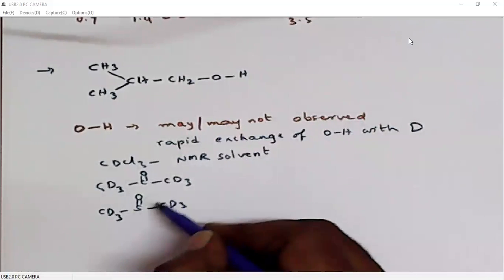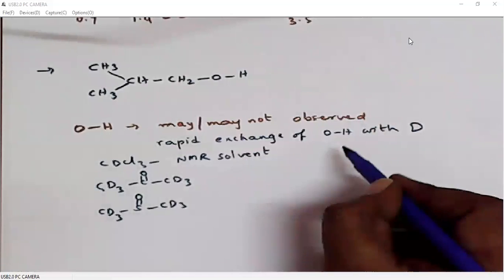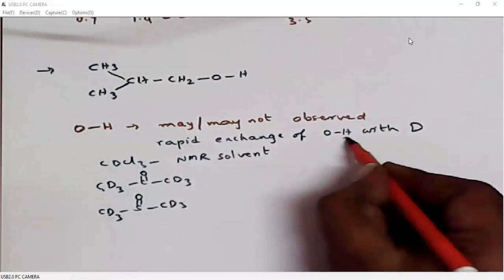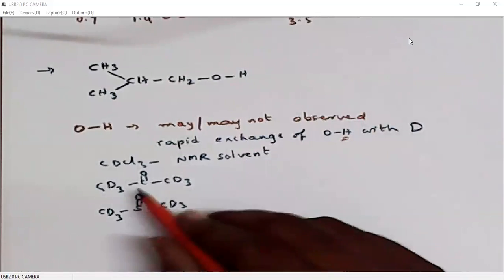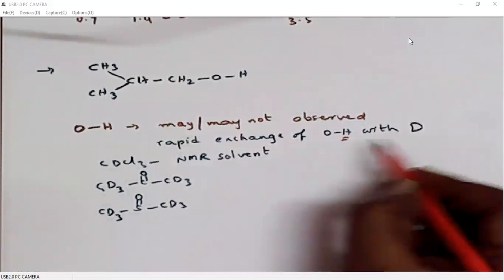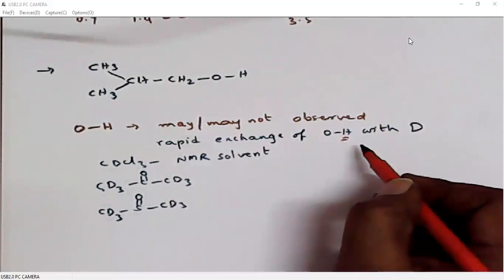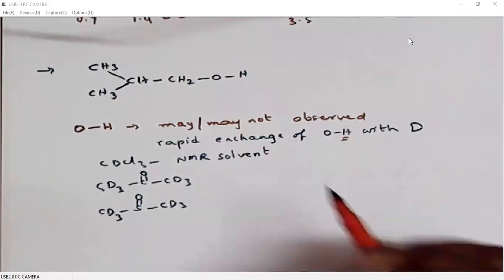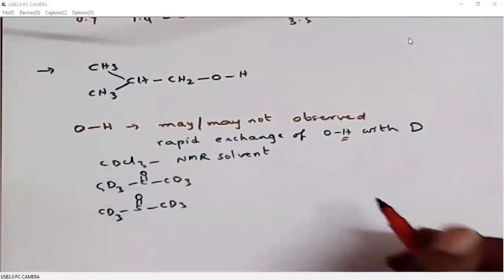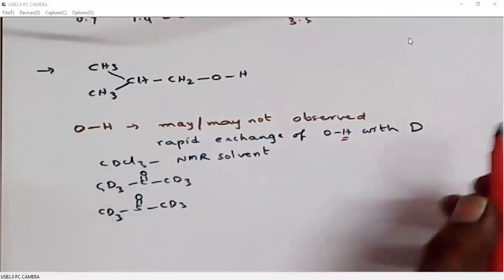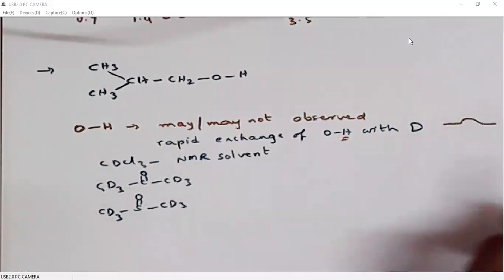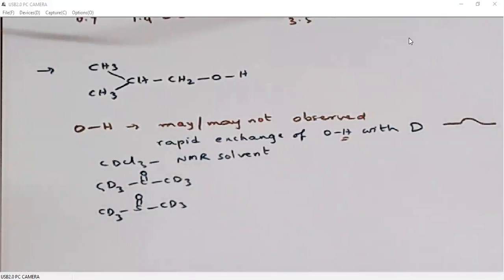When we use deuterated solvents, OH protons sometimes exchange with the deuterium. When we exchange with the deuterium, we will get OD, so we don't observe any peak for OD. So for alcohols, sometimes we may get the peak or sometimes we may not. Even if we get the peak, we get a broad peak with very little intensity.